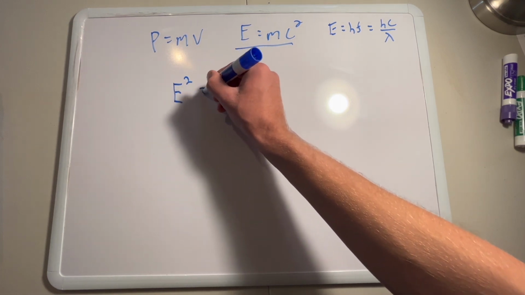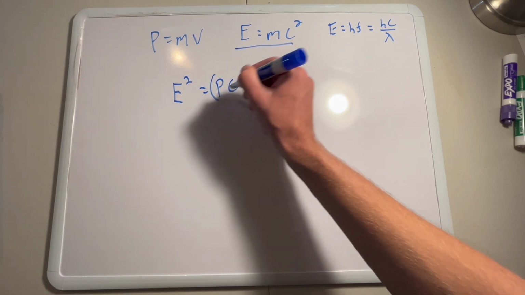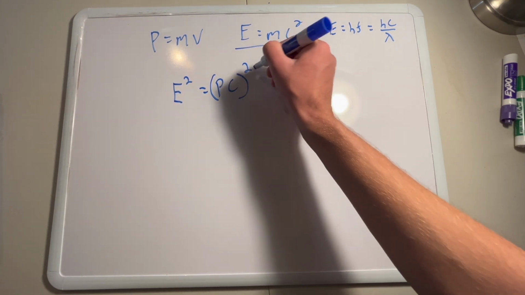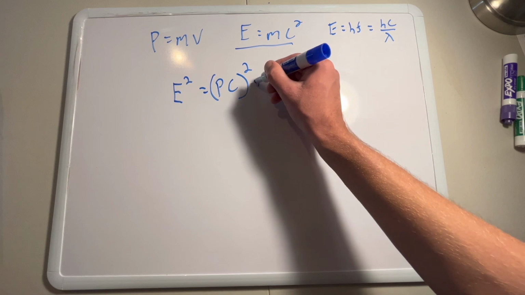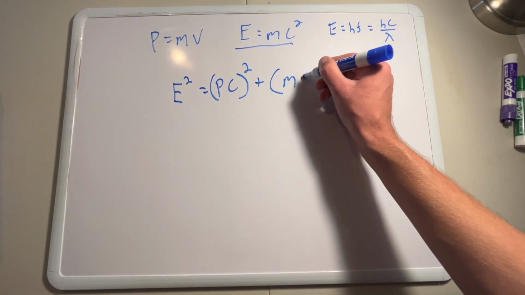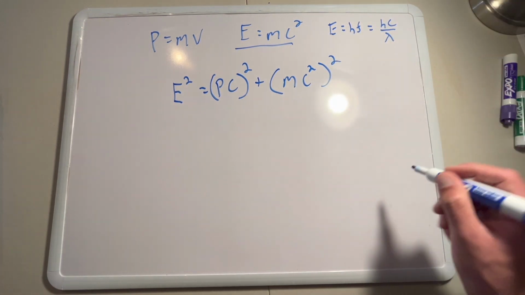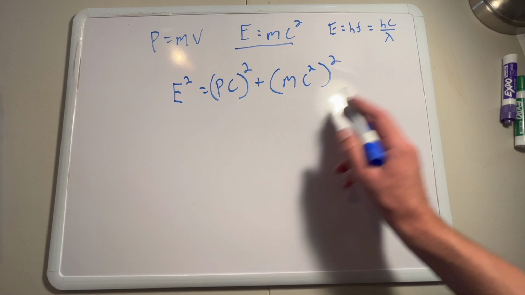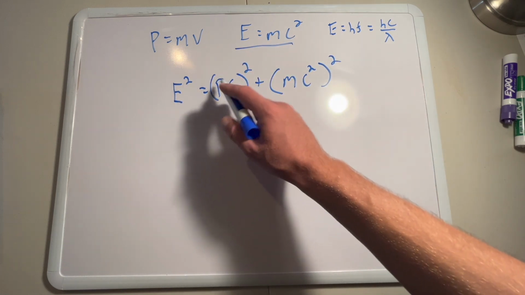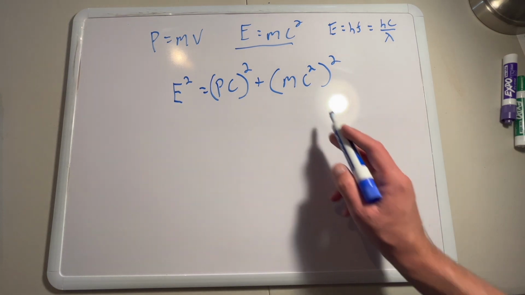E squared equals (pc) squared plus (mc squared) squared. So that's actually the full picture when you include momentum in the energy there too.